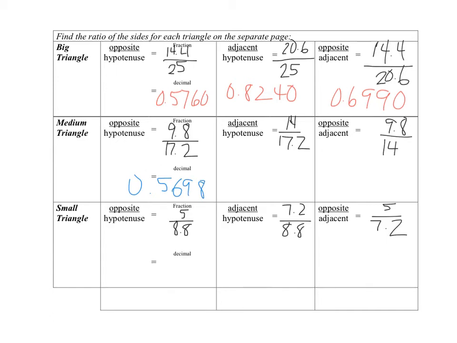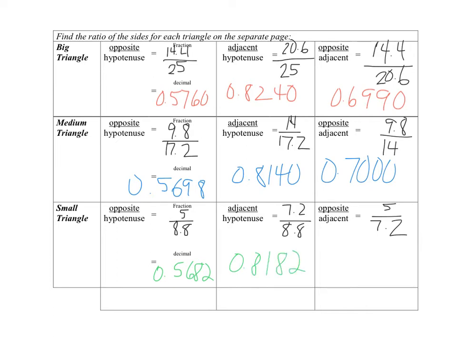And the adjacent over hypotenuse is 0.8140. And the opposite over adjacent is 0.7000. And finally, for the small triangle, the first ratio is 0.5682. The adjacent over hypotenuse is 0.8182, and the opposite over adjacent is 0.6944.